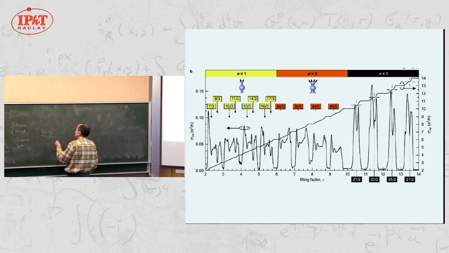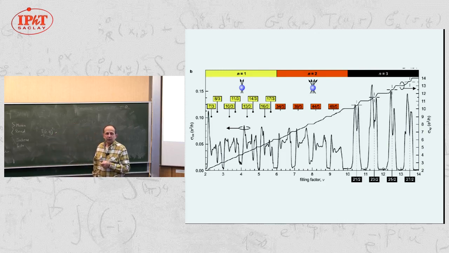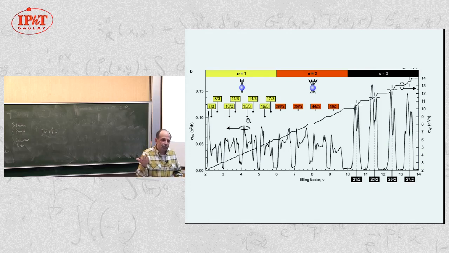For reasons which I describe later, they decide to multiply this by an antisymmetric factor which doesn't change the filling factor. It changes the total degree, but not the filling factor. The filling factor comes from counting the degree from the terms that are quadratic in the number of particles, which means that if you multiply by a factor whose degree is linear in the number of particles, it will not change the filling factor.